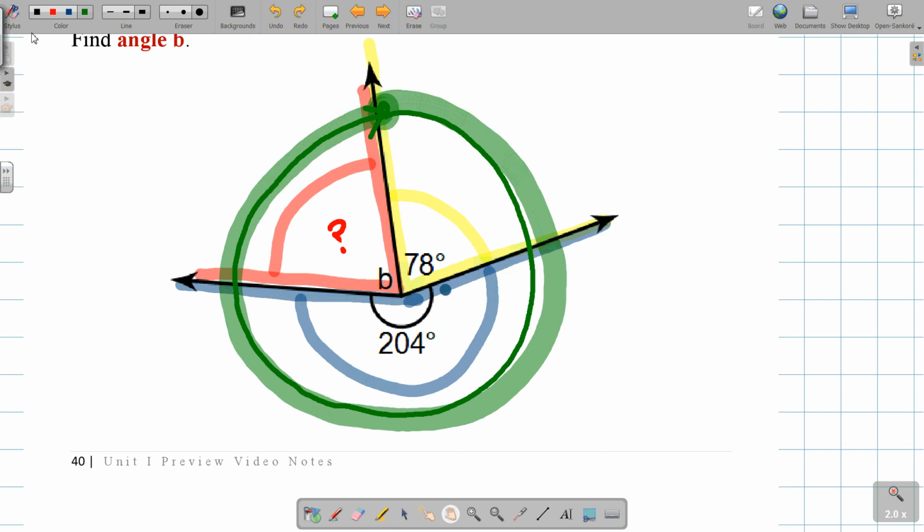So we do 360, and you simply minus 282. And we get 78 degrees.